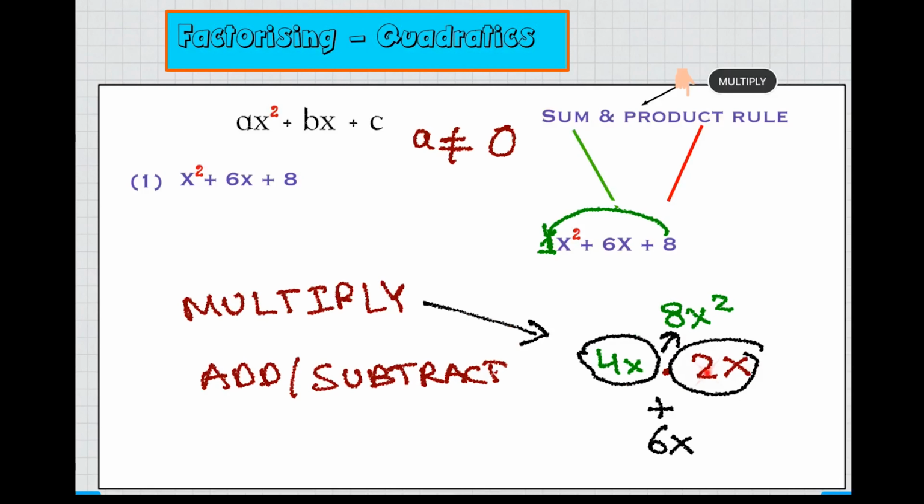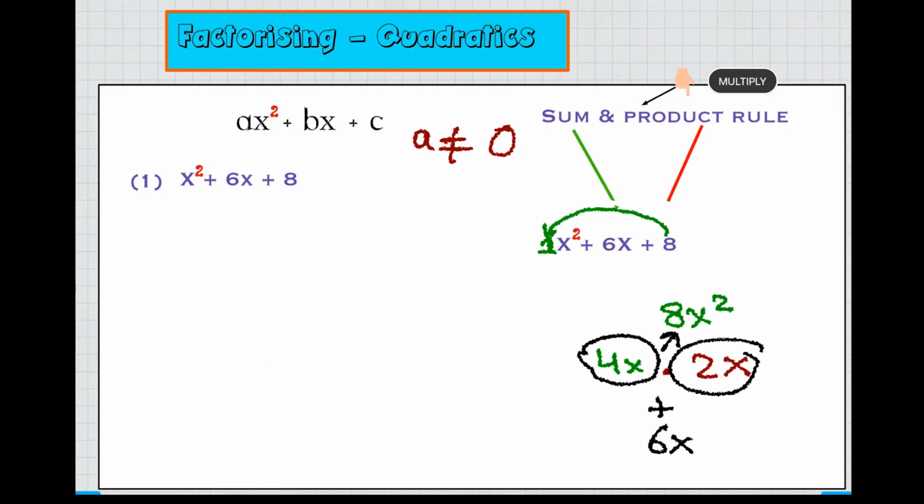If I times them, that gives me 8x squared, which is what I'm looking for in terms of multiplication. And when I add the same two numbers, it gives me 6x. That's why it's called the sum and product rule, because we need to make sure both numbers qualify the sum and product rule completely.